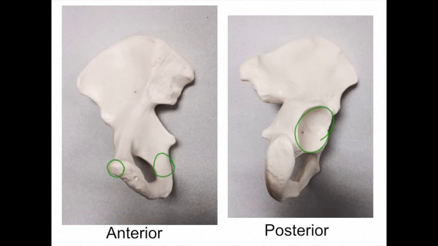You can see the lesser sciatic notch and the greater sciatic notch. In between them is the ischial spine. You can see the posterior inferior iliac spine and the posterior superior iliac spine. This area here is known as the iliac fossa.